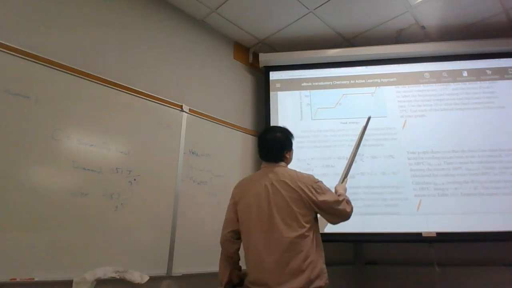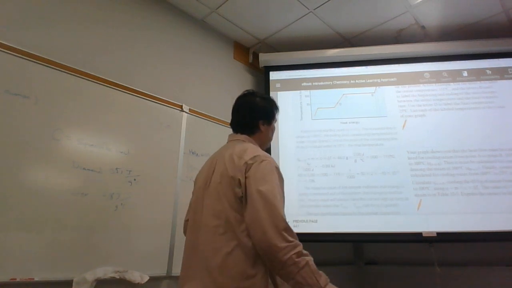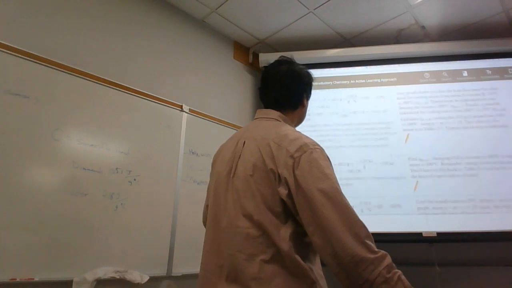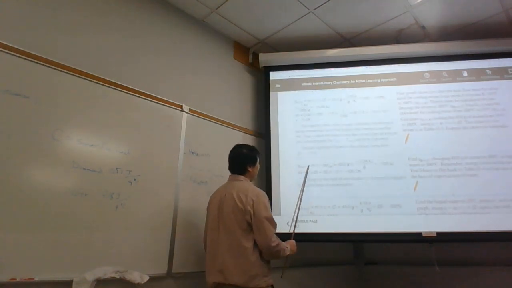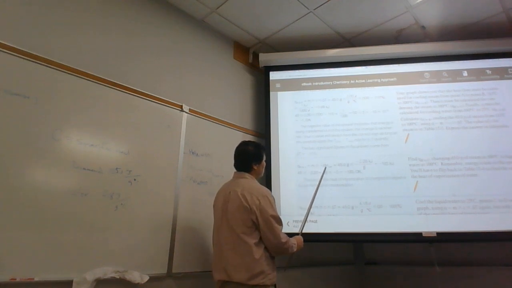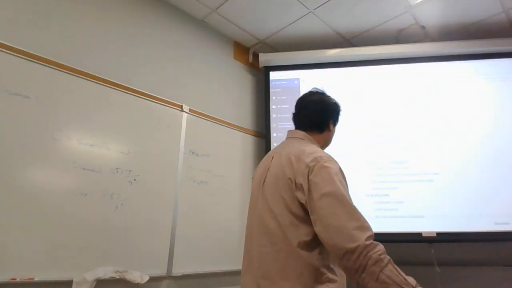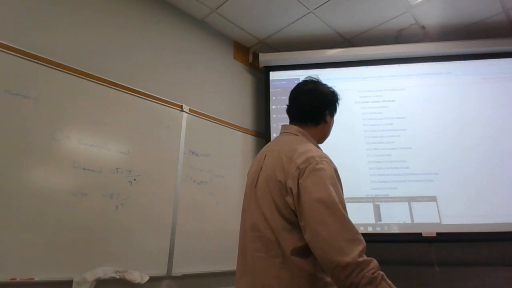Okay, then when we go from B to C, that's condensing the steam. And so from B to C, they have it equal to the amount times delta H. But it's delta H of condensation, not delta H of vaporization. So this is why they put a negative sign there, to say we have to remove that heat.